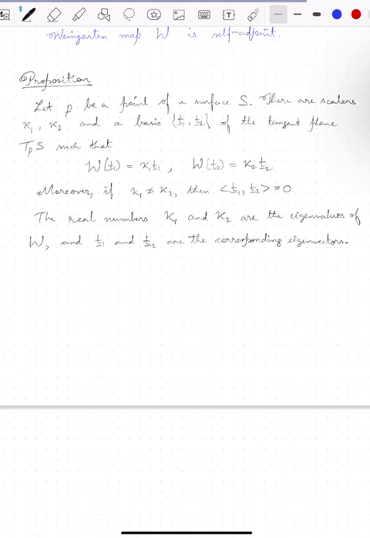That is how it appears in linear algebra, isn't it?